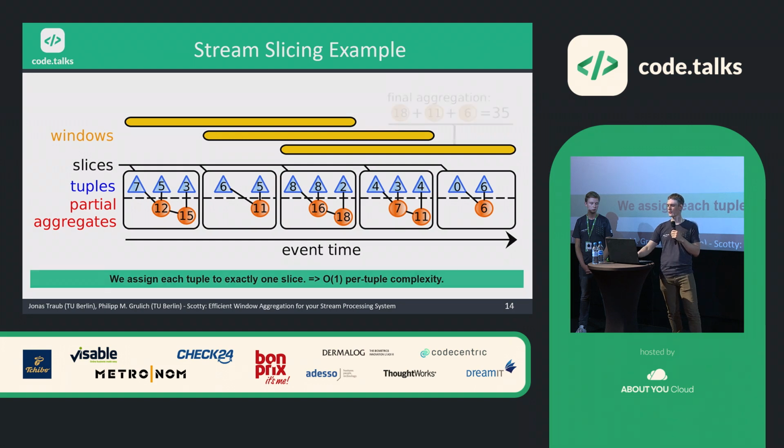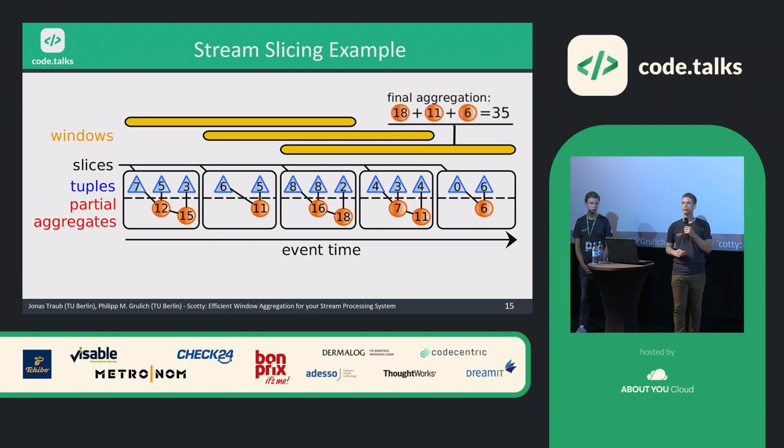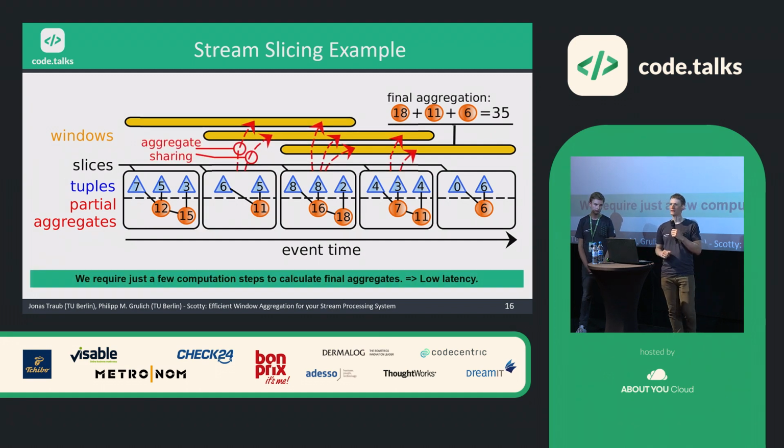And then when the window ends, what we basically need to do is compute a final aggregation, and this we do for this example here by aggregating the partial results for our slices. Here it's the values 18, 11, and 6, giving the value 35. And the nice thing here is that we can do this with quite low latency, because we just require a few aggregation steps.